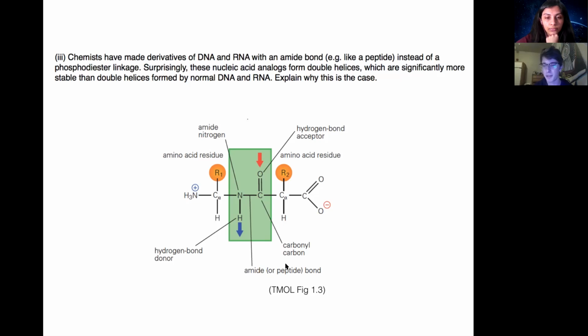Is that more beneficial than if it's not negative, because there's less repulsion? Yes, the peptide bond will be neutral, so you'll get rid of that original phosphodiester repulsion. And ultimately, that'll likely make the DNA more stable. Does that make sense?